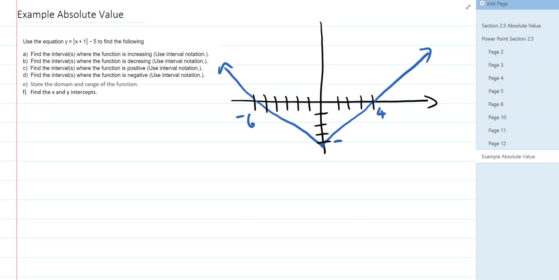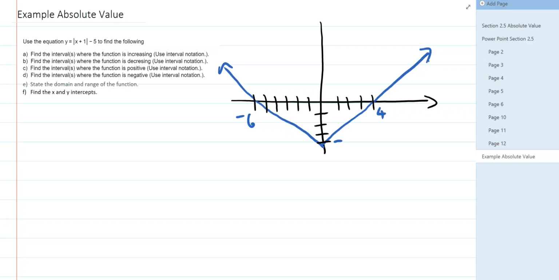Now looking at the graph, we can answer these questions. Where is the function increasing? You notice that the y values decrease, decrease, decrease, decrease until here, and then they start increasing.